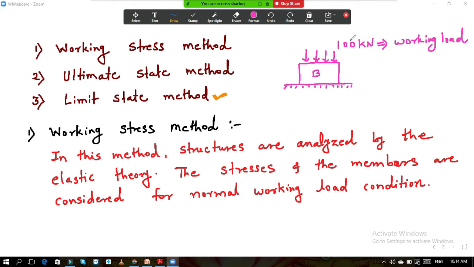So whatever actual load is acting on the structure is considered in the working stress method. Thus it says that the stresses and the members are considered for normal working load conditions.